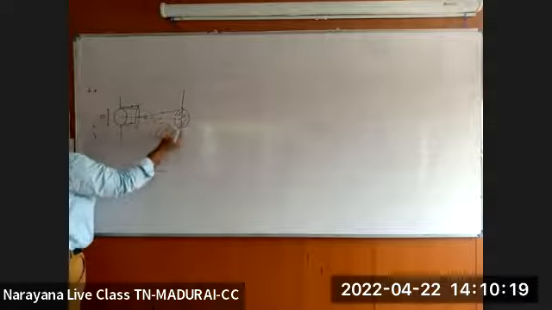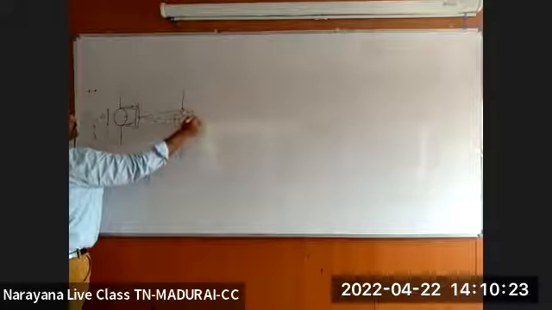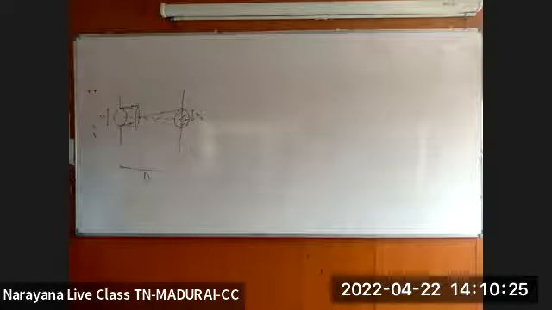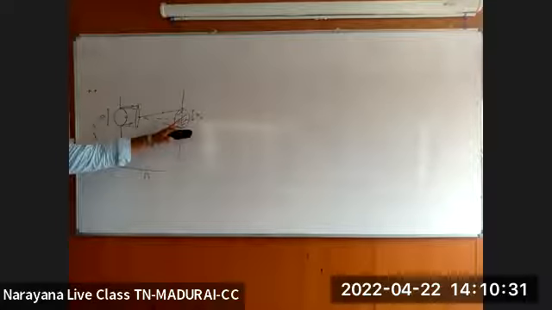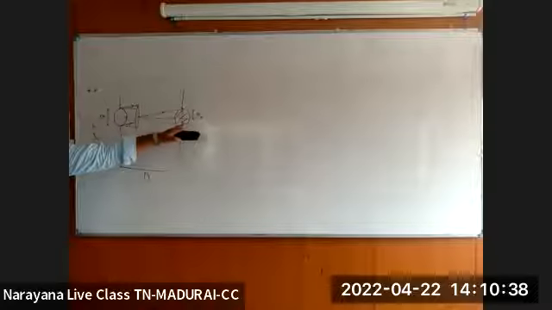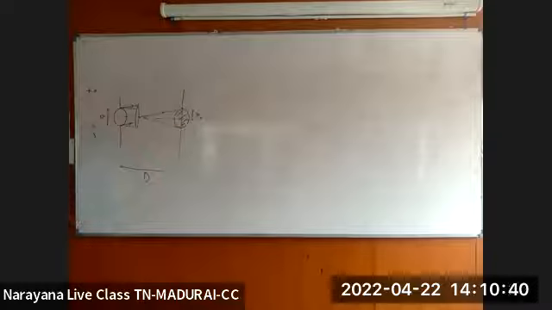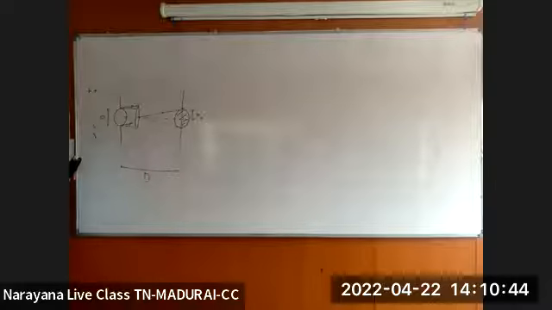Joining these edges, let's say the radius of this Airy disk is R naught. R naught is nothing but the distance between the midpoint of the screen and the first minimum. You know that value very well. That is also called the radius of that central maxima.